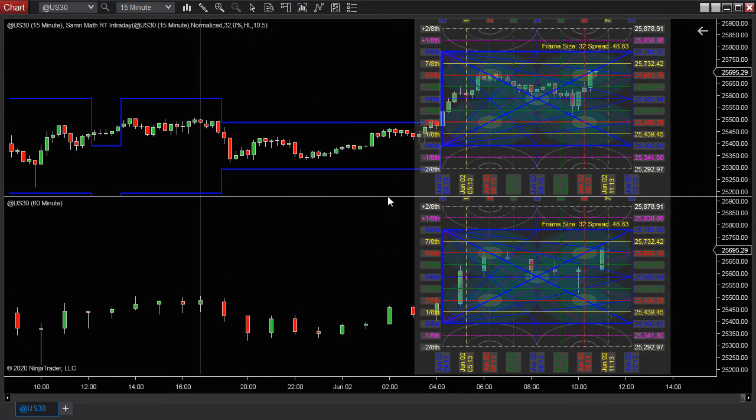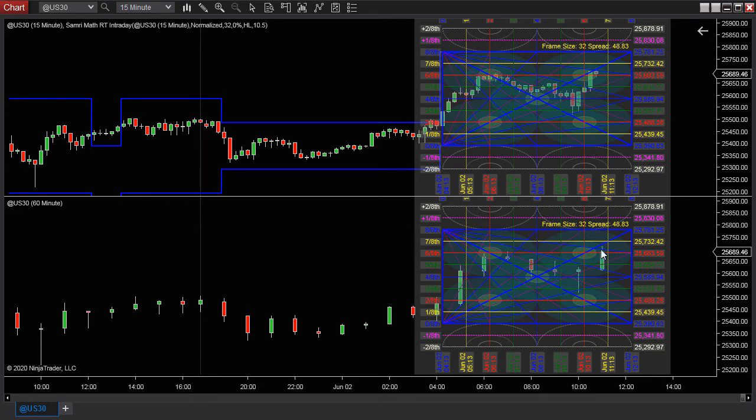Okay, so now look at this. These are the 60-minute bars and these are the 15-minute bars. So every 4 of these account for 1 hour, account for 1 bar on the bigger chart. Now when I set up my grid to be multi-time frame, it means it will be replicated across all the time frames on your chart.